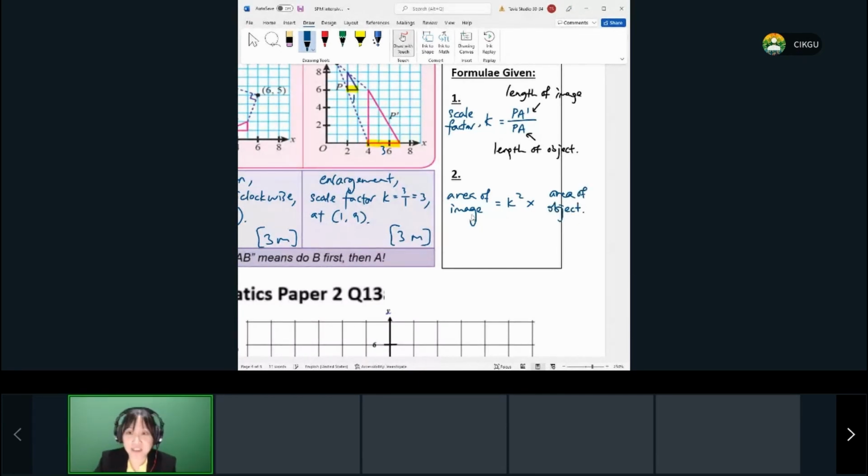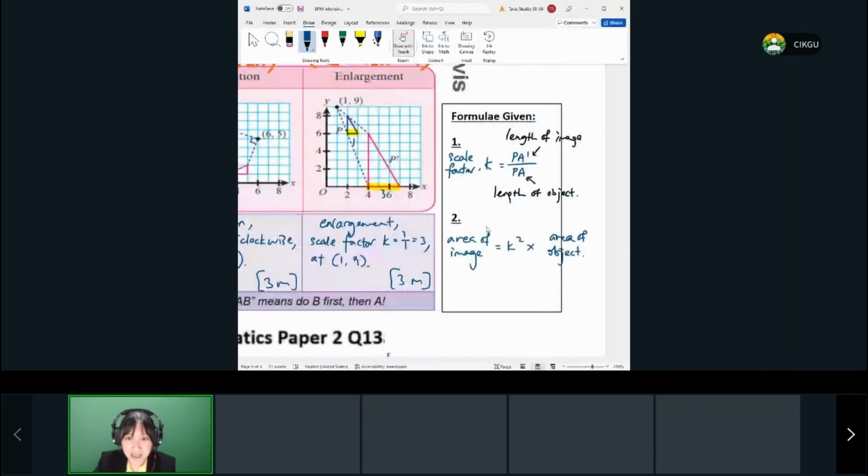What it means is, let's say this area here is 5 units squared. If I want to find the bigger area, area of the image equals, what is your K value? Just now we found 3.